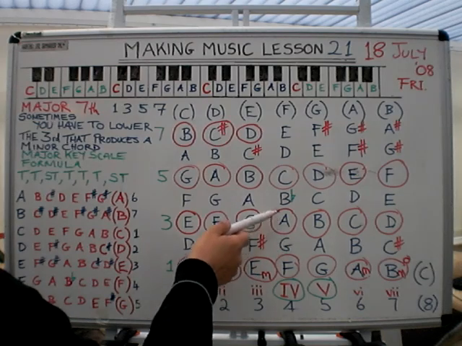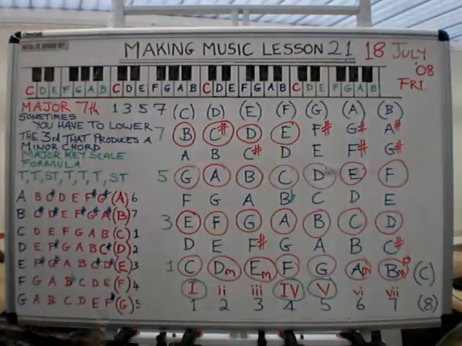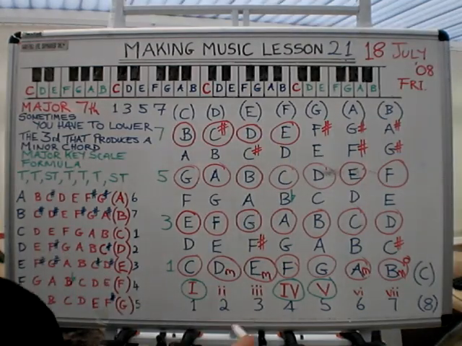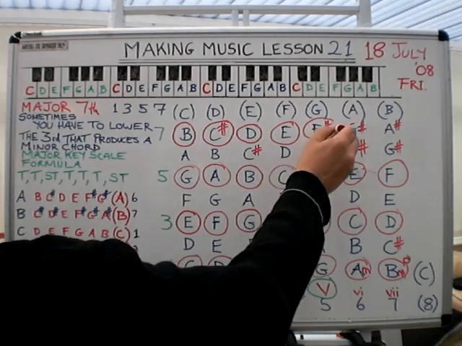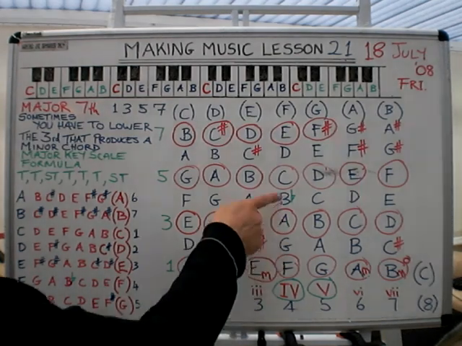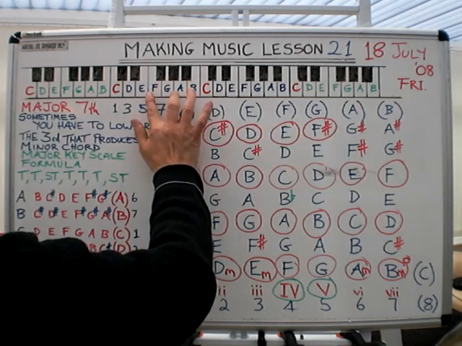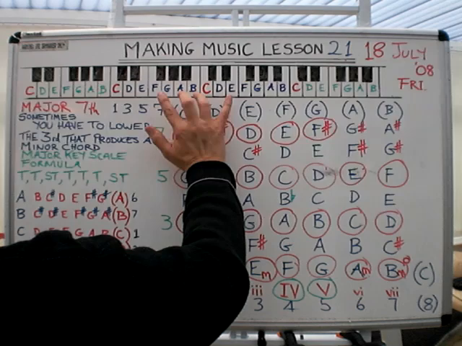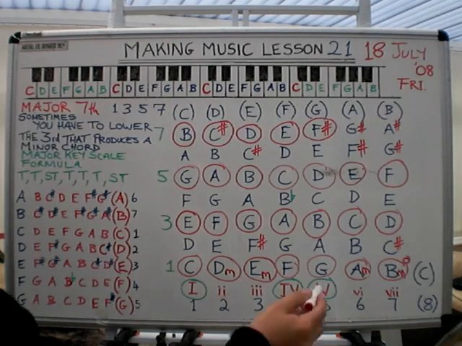Here we have an F, A, C, it's the triad. Now we're going to turn it into a major 7th. G, B, D: we're going to include an F sharp. Let's have a little recap on that. Let's have a look at the F, A, C. We're going to include the E. F, A, C, and include the E to produce the F major 7th chord.